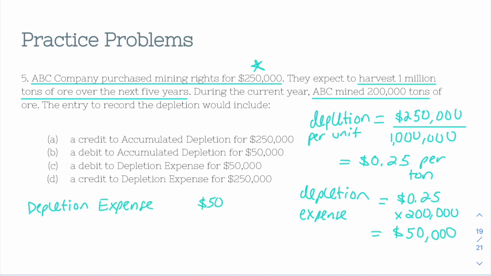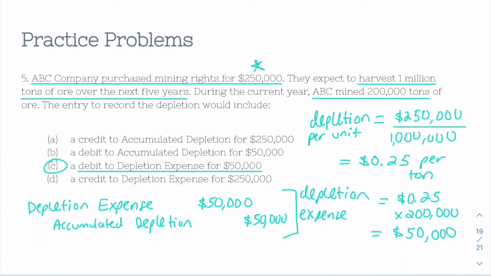And then you are going to credit accumulated depletion for $50,000. So this is your entry, and then you just have to look at the choices. It turns out the answer is going to be C, a debit to depletion expense for $50,000.